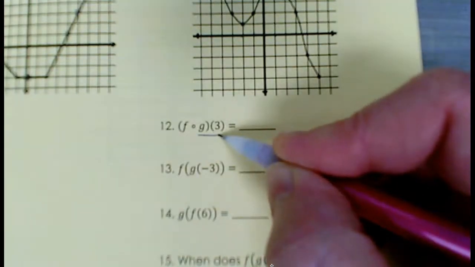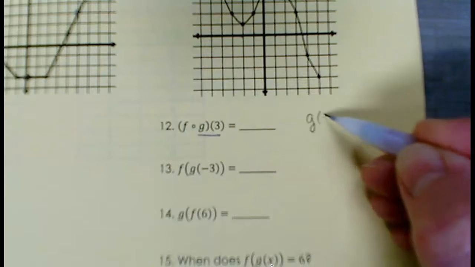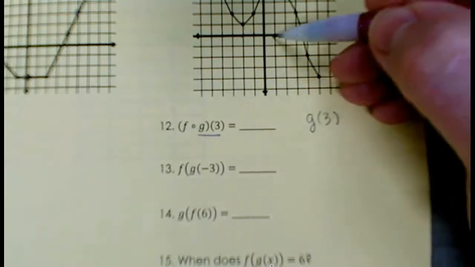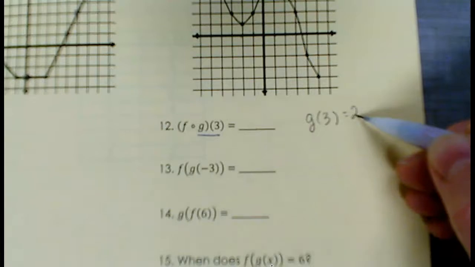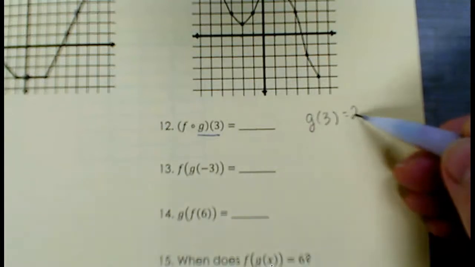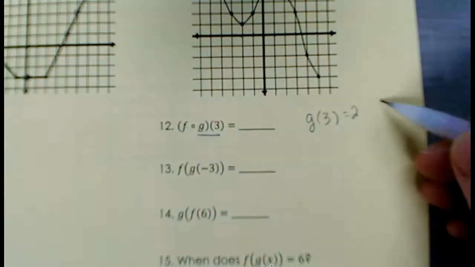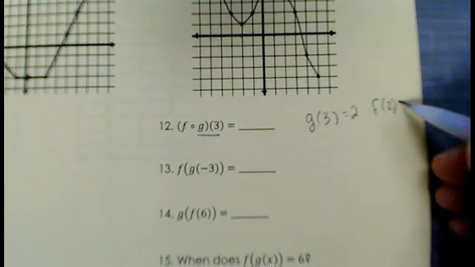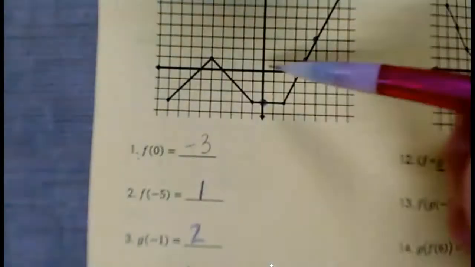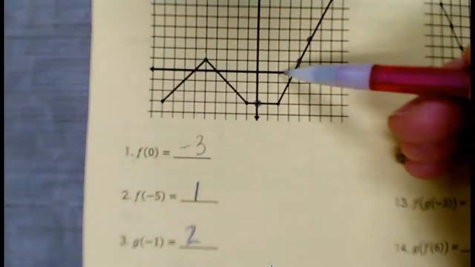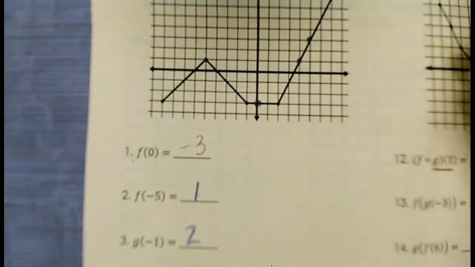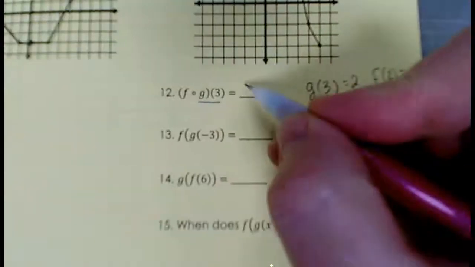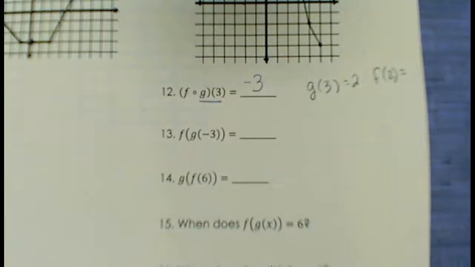G of 3. G of 3, 1, 2, 3, 1, 2. Then this answer goes into the outside function. I go over here, x value of +2, y value of -3.